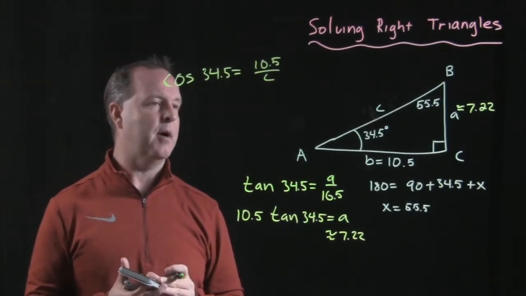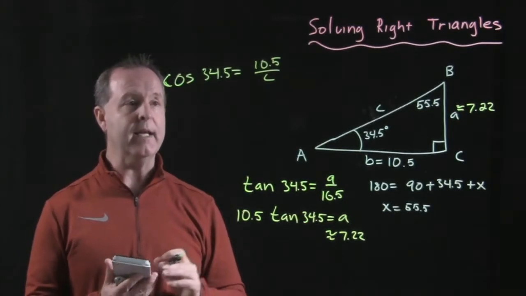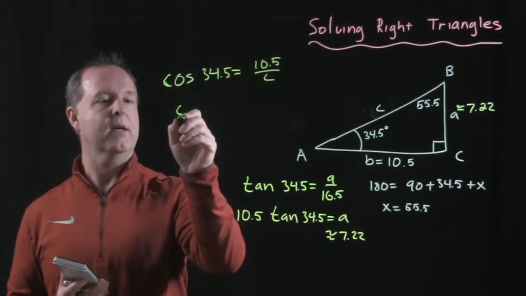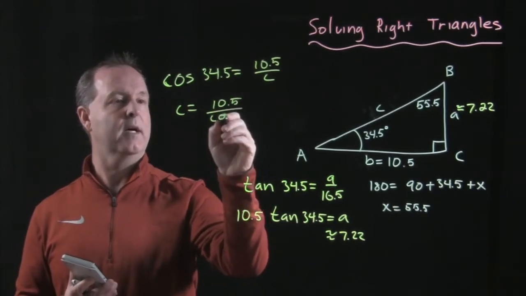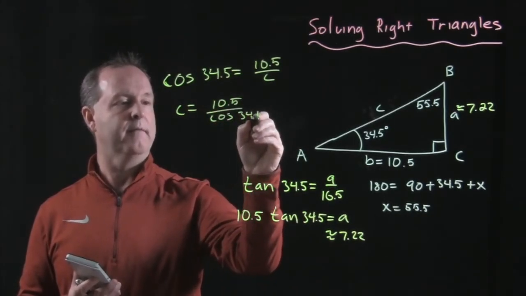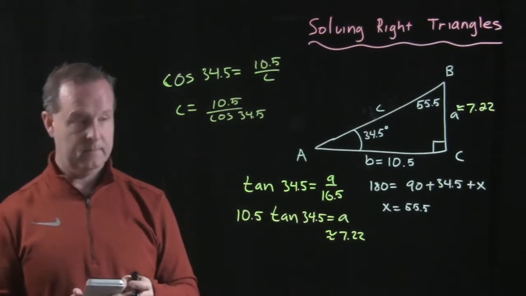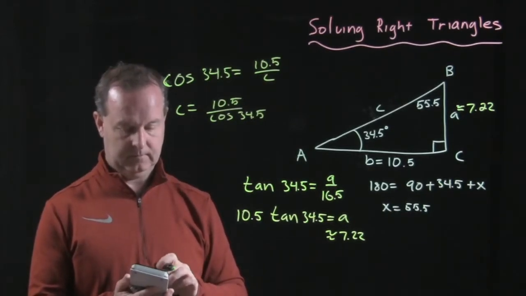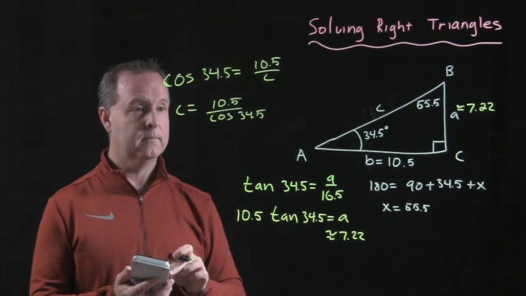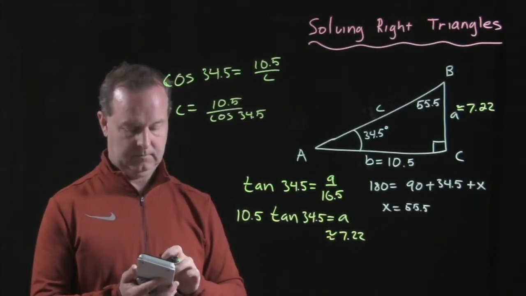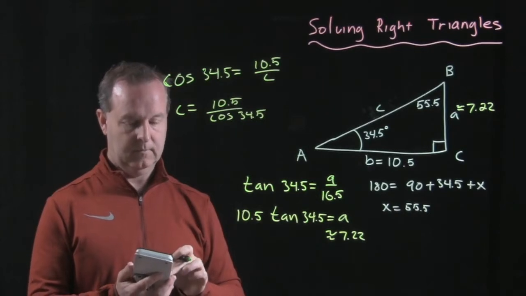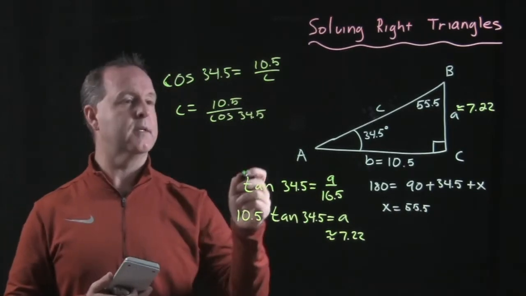Yep, adjacent over hypotenuse. Solve that for C, and that's going to equal C equals 10.5 divided by the cosine of 34.5, which equals approximately 12.474.